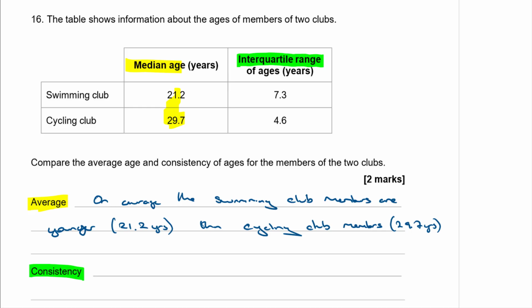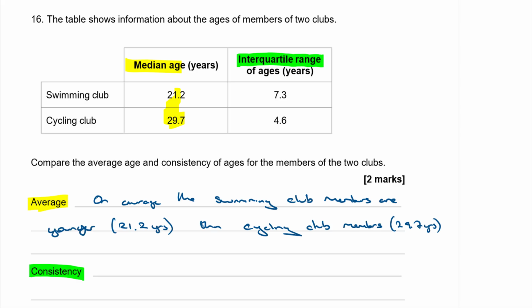Now, because the swimming club has an interquartile range of 7.3 years and the cycling club has an interquartile range of 4.6 years, that means the middle half of the data for the cycling club is much more consistent than the middle half of the swimming club.